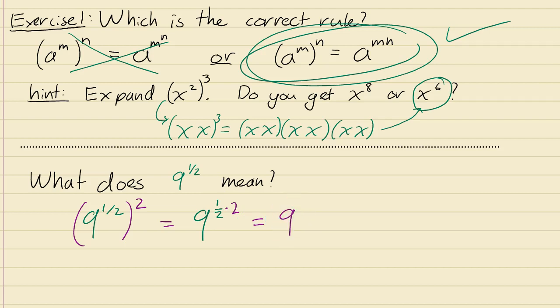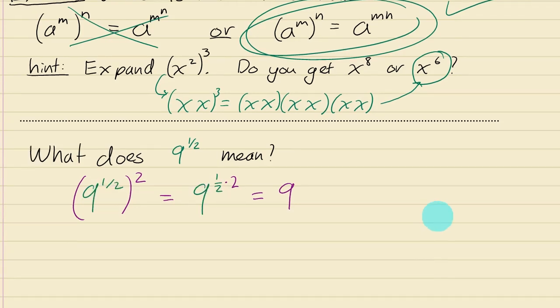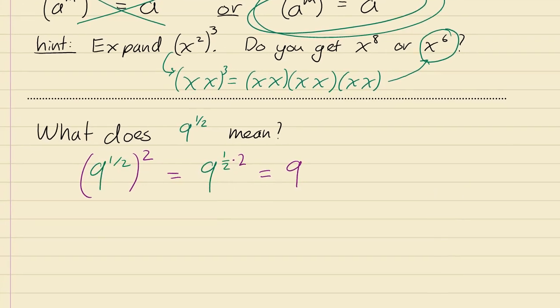So 9 to the power 1/2 is something you can square, multiply by itself, and get 9. Here's another thing you can multiply by itself and get 9: 3 squared, which is just 9.